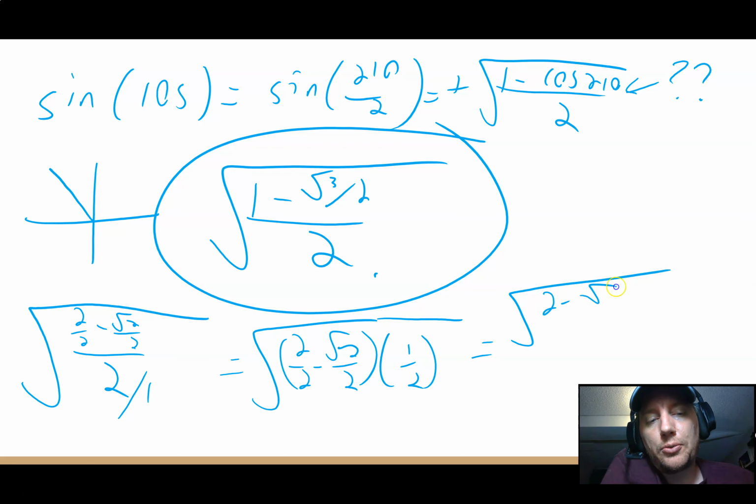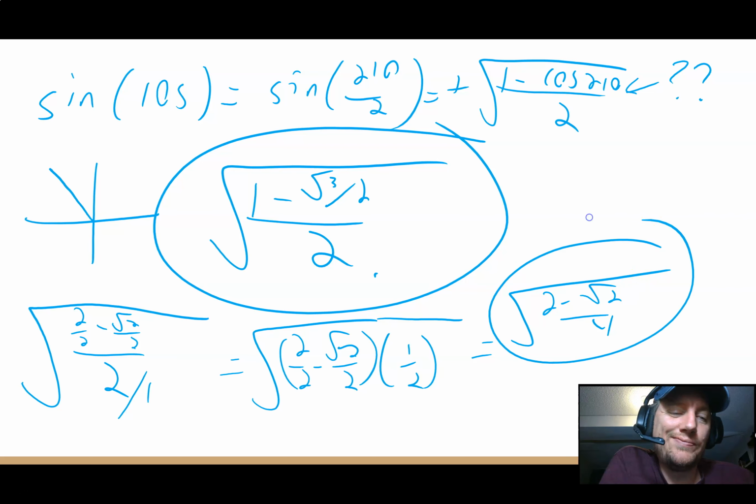So 2 minus square root of 2 over 4. I mean, we could do that. That's just a more simplified version. But really, this one's good enough as it is.